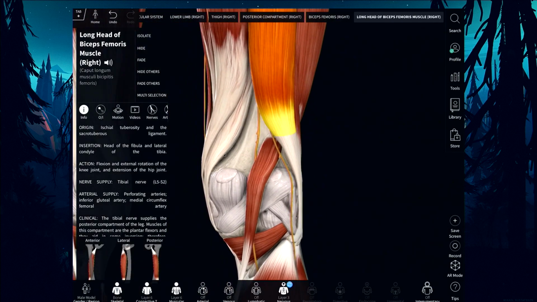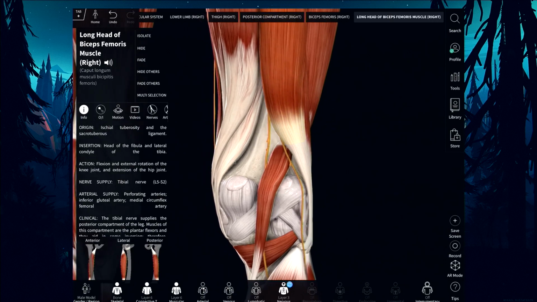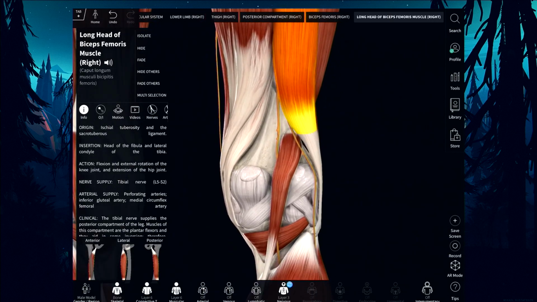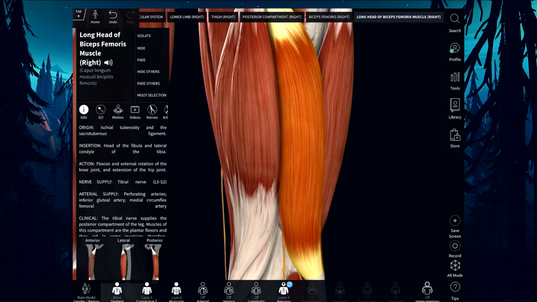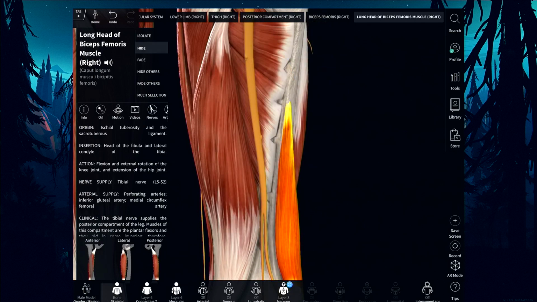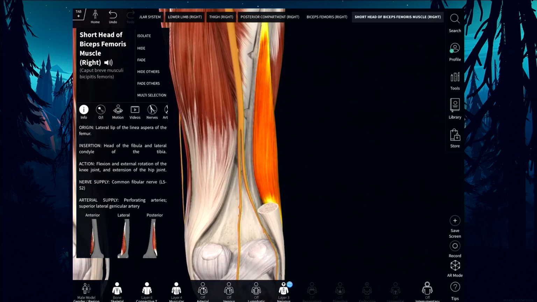Now, these two spread apart and open up that fossa, that space in the back of the knee, which will be important coming up. Just notice there isn't much in the middle. There's this small muscle that I'm not even going to highlight because we don't care about it. Now, there are two heads of the biceps femoris. The short head is shown here, and it's the only one that doesn't originate at the ischial tuberosity.